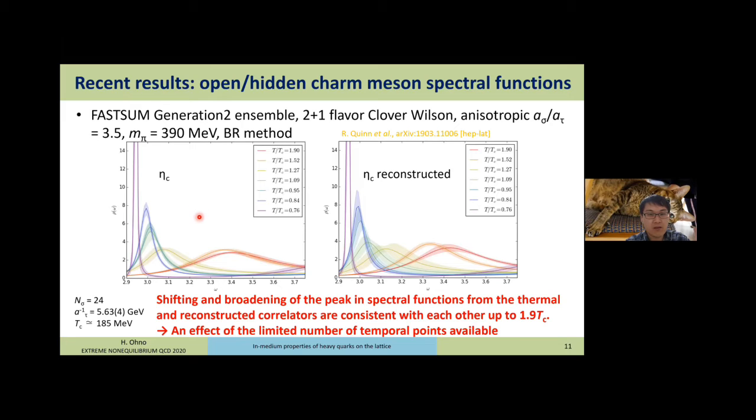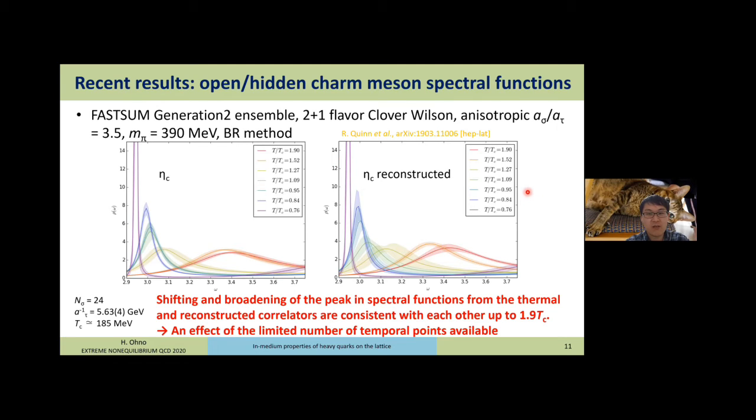The left-hand side plot is the spectral function from the ordinary correlation function, and the right-hand side plot shows the spectral function from the so-called reconstructed correlator.